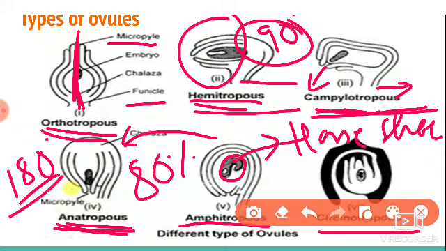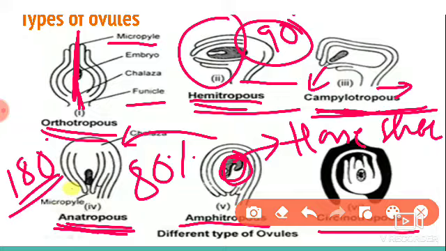Such ovules we call amphitropous ovules. The only difference is the horseshoe-shaped structure, and the remaining structure is the same as the anatropous ovule. Getting my point? It's very simple. Amphitropous contains a horseshoe-shaped embryo sac, but the anatropous ovule does not.